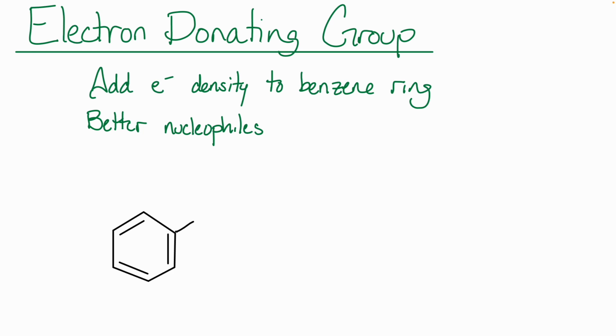Okay, so we can spot our electron donating groups because they always have a lone pair directly next to the ring. All right, so this is how we're going to spy these electron donating groups. They have a lone pair that's next door to that ring.